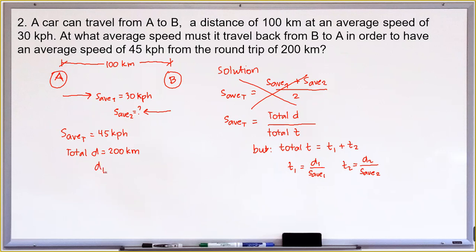We all know that D1 is equal to D2, which is equal to 100 kilometers. Okay. Now substitute this one. So we have S average total equal to the total distance, that is 200, all over T1. T1 is D1, that is 100 over the average speed sa first, 30 kph.